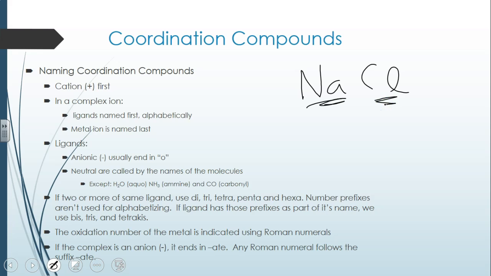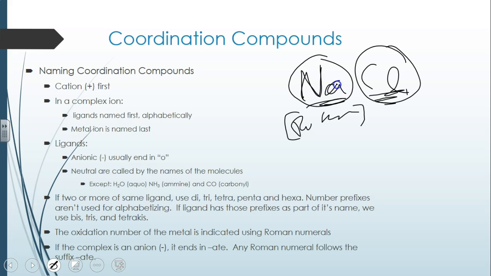So what's going to change is that either the cation is going to be this big, long, junky thing that we've talked about, and then it's going to be chloride or bromide or nitrate at the end, or we have sodium or potassium or some simple metal, and then this thing is going to end up being a big, long thing. But the idea is that if we know how to name ionic compounds, we should have some rudimentary understanding about how to name coordination compounds.